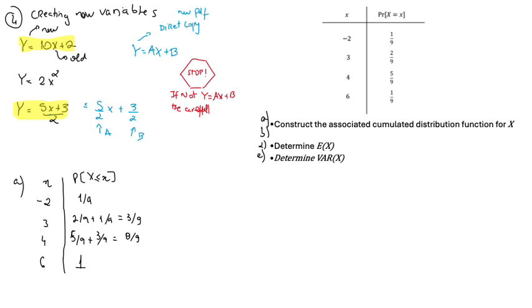But it could be anything. It could be 2x squared. It could be 5x plus 3 over 2. Right? Any formula that you're creating a new variable with. Okay?